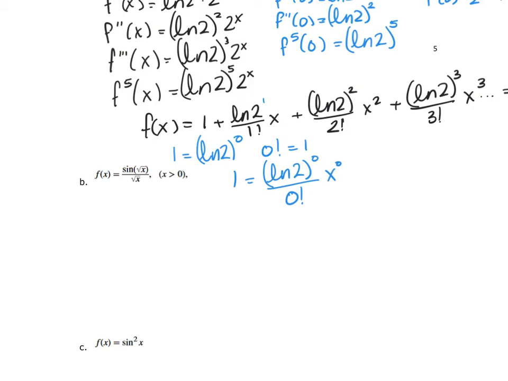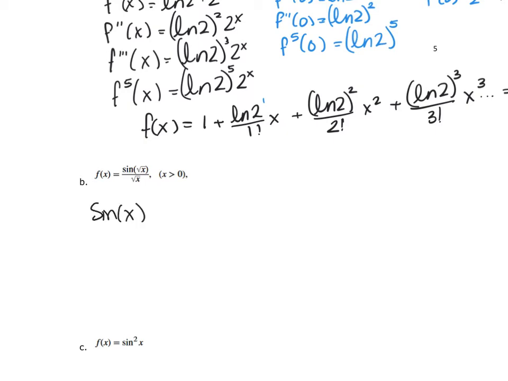What I'm going to do is I'm just going to focus in on the fact that I have a formula for the sine of x, and we know that this is equal to, from up above, this is one of the ones that we have, the sine of x is equal to the summation of n equals 0 to infinity of -1 raised to the n, x raised to the 2n plus 1 divided by 2n plus 1 factorial.